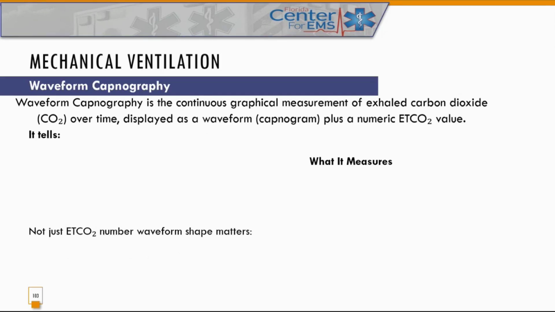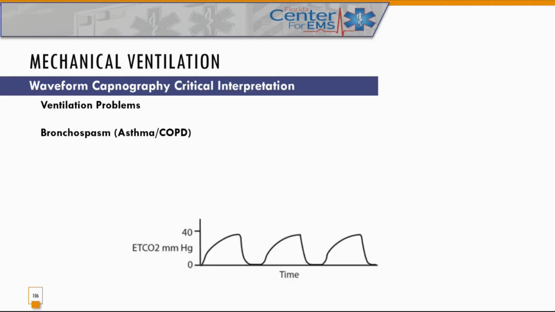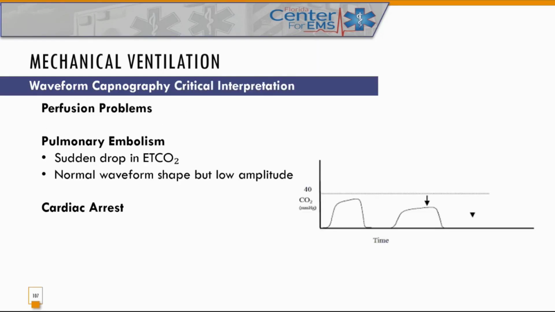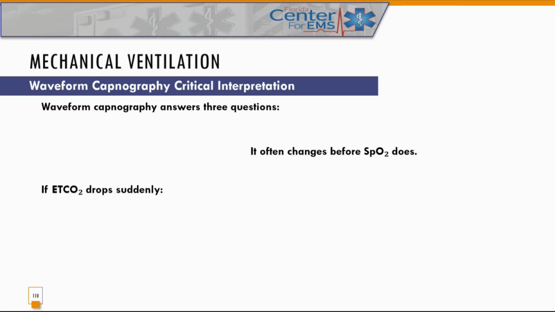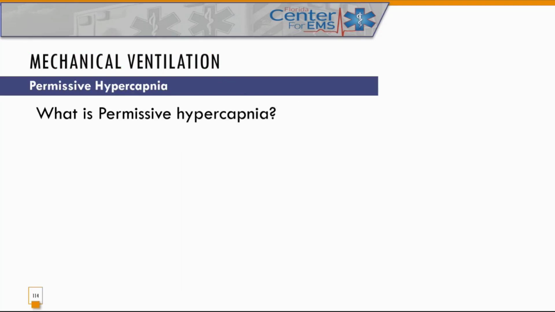Waveform capnography, I'm going to go through that very quickly here. I feel pretty comfortable if people have a good understanding of capnography. Permissive hypercapnia: sometimes they purposely want to have a little bit higher CO2.